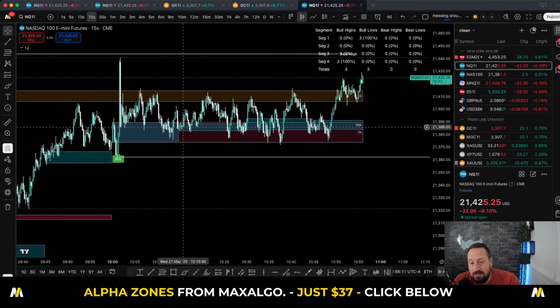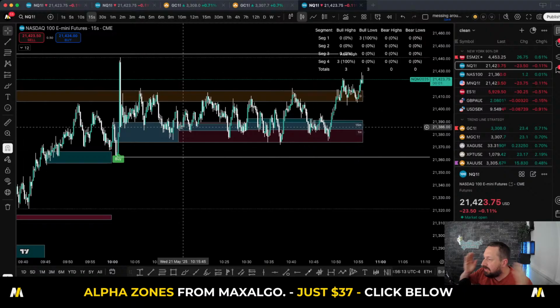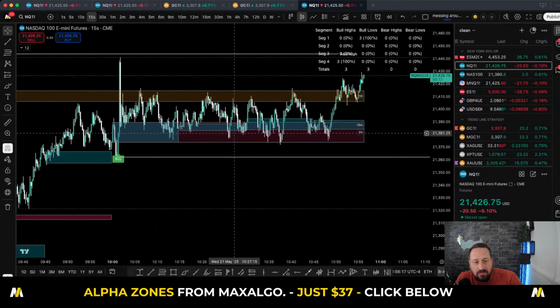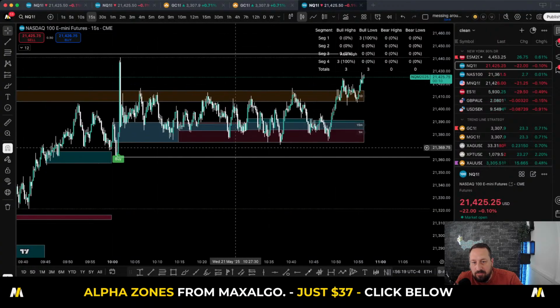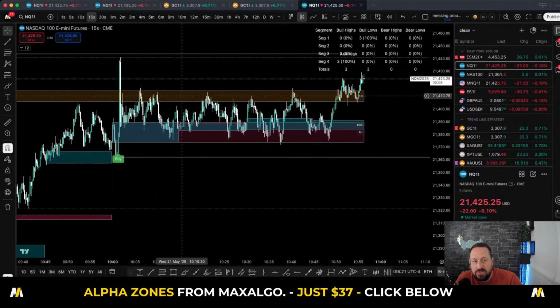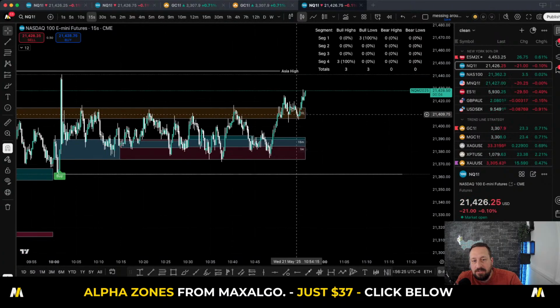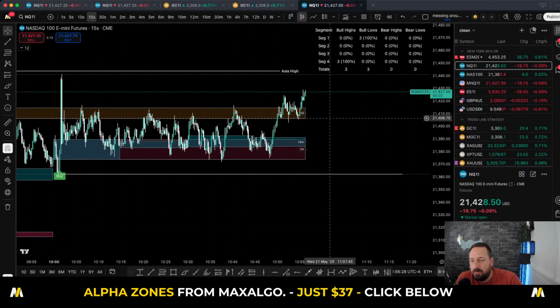I mean, the precision at these levels, the daily and the current 4 hour, and you can just see the ping pong between those levels is just crazy, right? And then we get a nice break, currently holding, and potentially we're going off for that Asia high, right? Just beautiful.